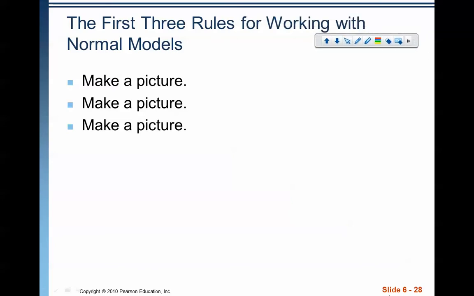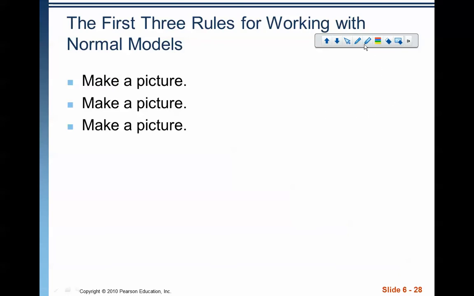Because, as we saw from yesterday when going with the 68, 95, 99.7 rule, it is very beneficial for us to see where the z-scores fall, where the standard deviations fall. It's also really helpful in answering a question to be able to highlight or shade in the area that we are trying to find, right?